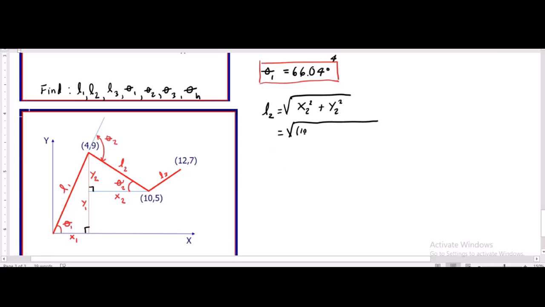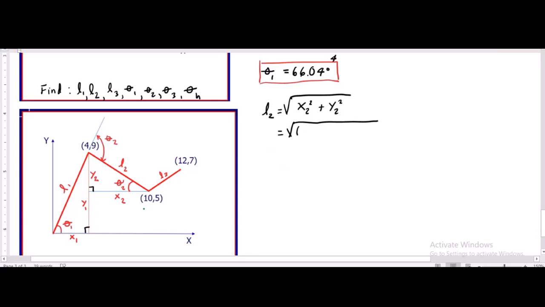You cannot put x2, so x2 prime. This is x2 prime, this point. Okay, I can specify that one. For this point, this is our x2. Now I will change the color.